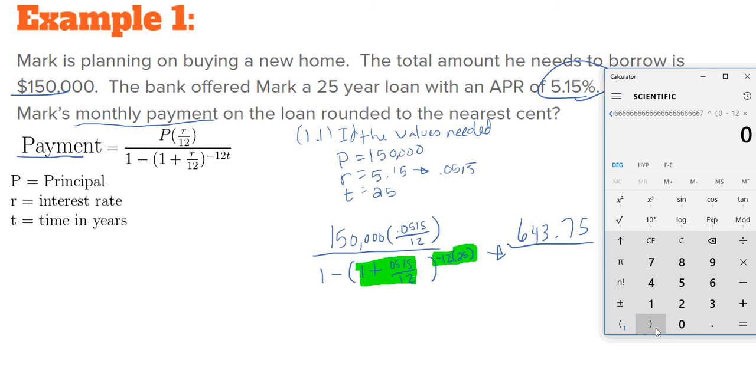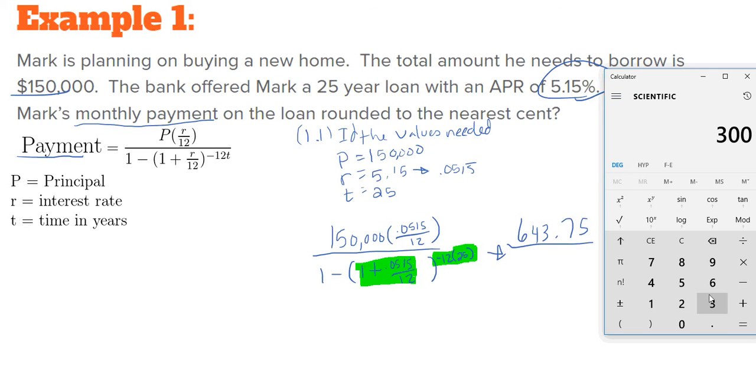Sorry, let's do that: 0.0515 divided by 12 plus 1. And then 12 times 25. So 12 times 25 is 300, and then we're going to make it negative.